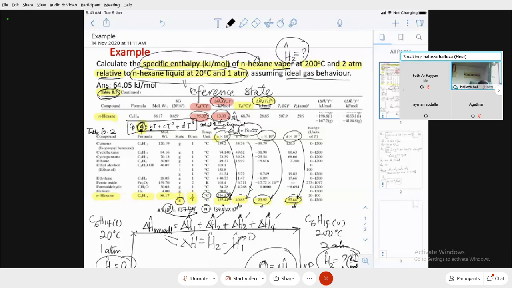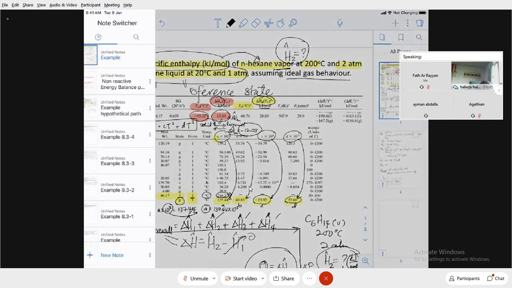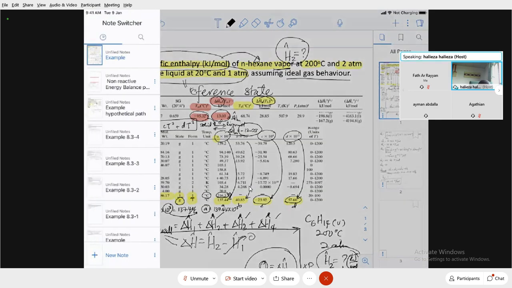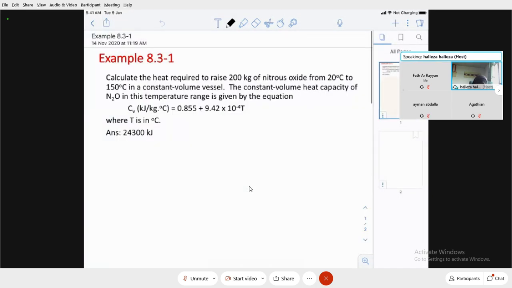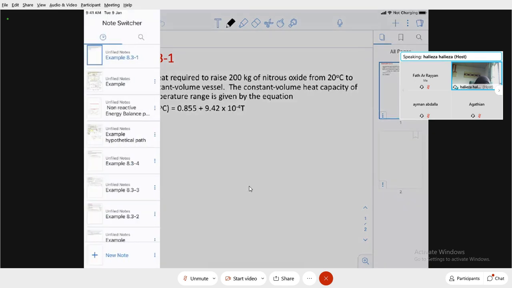Let's see whether I have one example that provided that. There is one example in your textbook, page 831, if I'm not mistaken. No, 832 then.